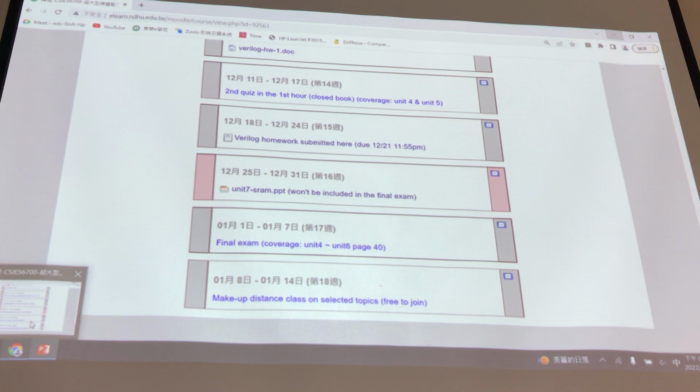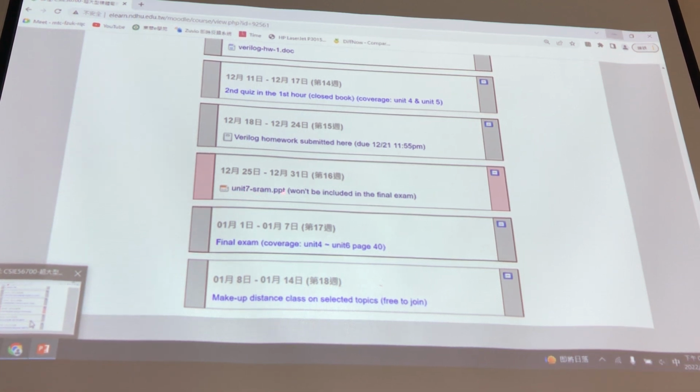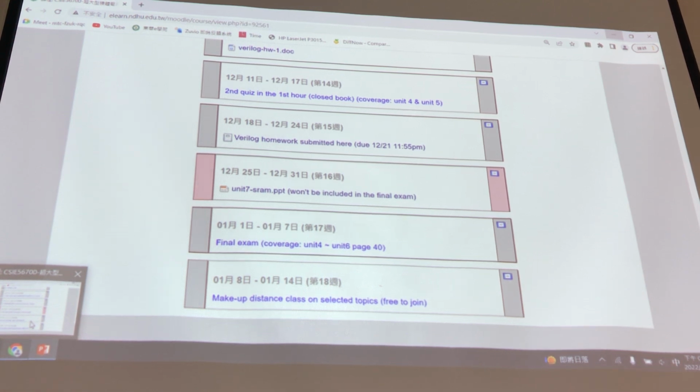So if you're interested, you can. We'll show the website on the e-learning after the final exam. Okay. We are going to cover unit 7, explaining how we design the memory cell. Okay. We are going to distribute the quiz.